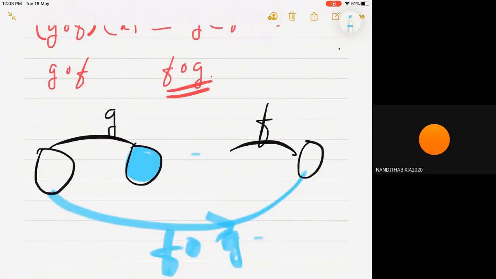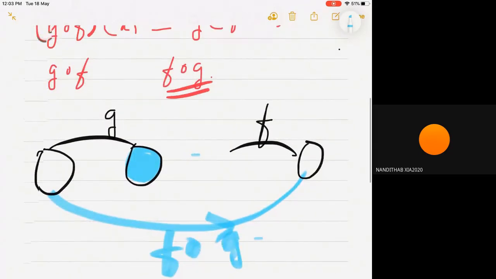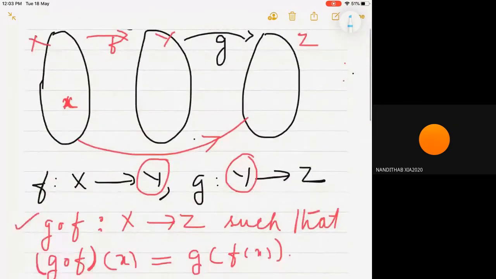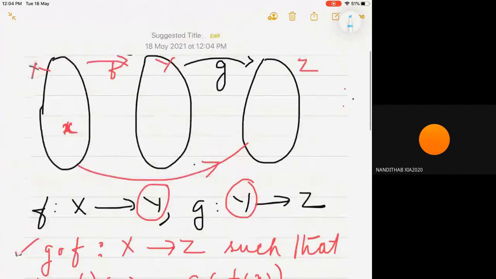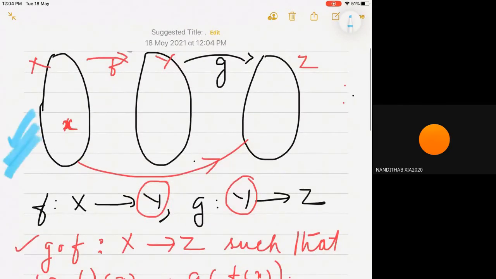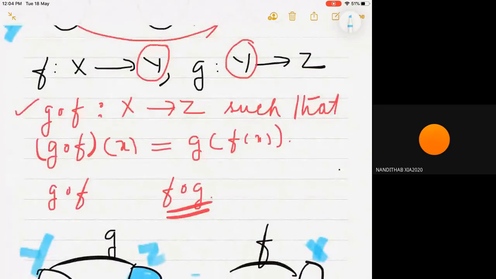So only in those cases, suppose G is from Y to Z, and if F is defined from Z to some other set, then only F dot G is defined. But in this case, F dot G is not defined. There will be restrictions on the set. So in general, we can say that F dot G is not equal to G dot F.